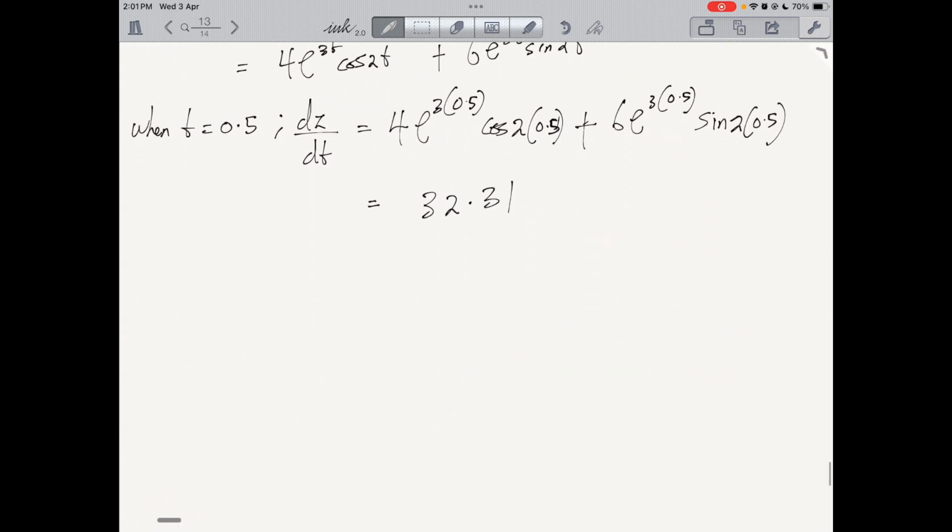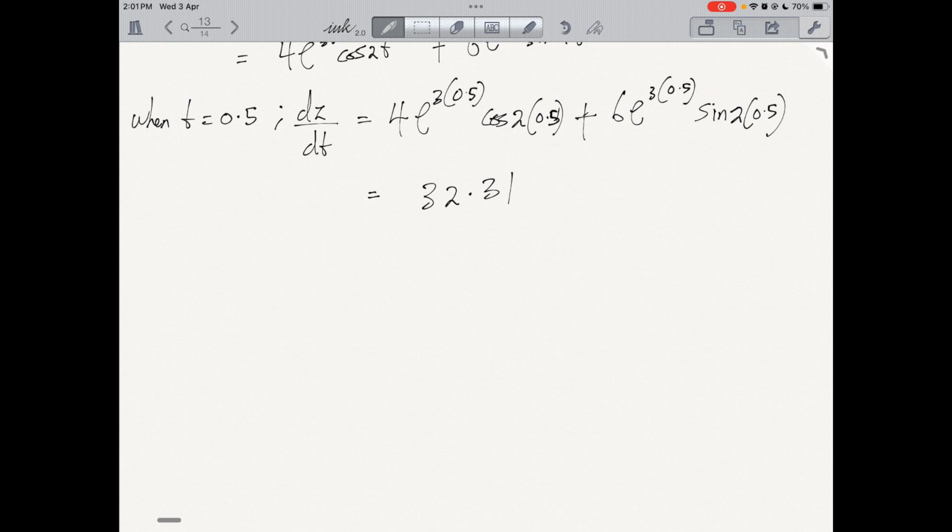It is very important, as we wrap up differentiation of a product, that we recall that if y is equal to uv, where u and v are functions of x, then dy/dx is equal to u dv/dx plus v du/dx.